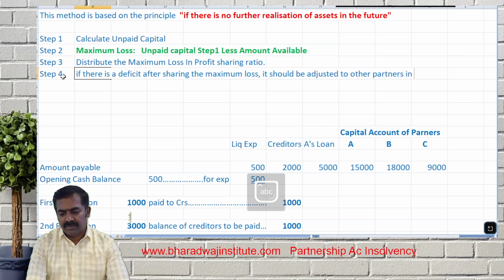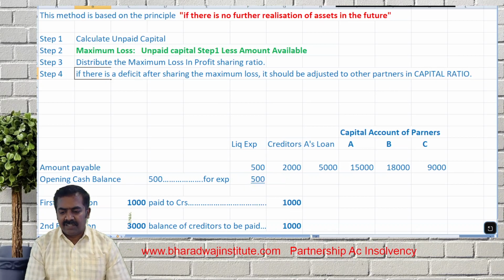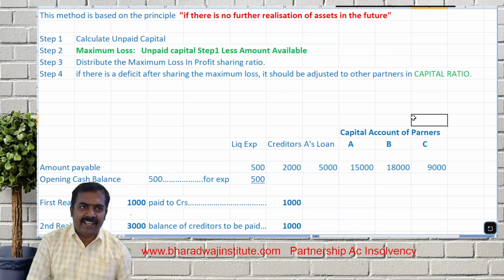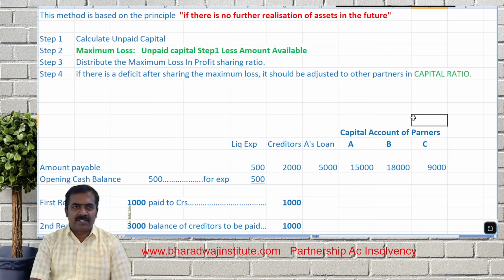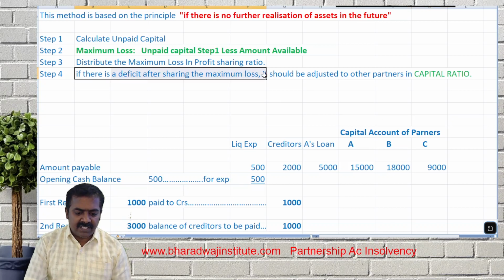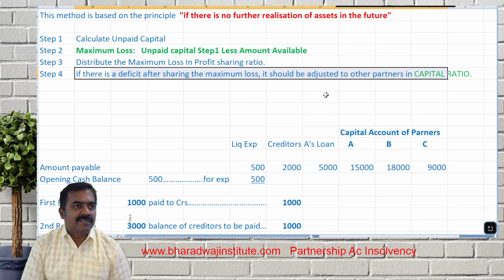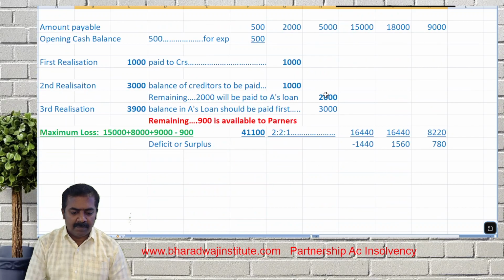In which ratio? Capital ratio, as per the Garner versus Murray rule. If it is a fixed capital, use the fixed capital ratio. If it is a fluctuating capital, use the adjusted capital ratio. Same principle here also. So if there is a deficit after sharing the maximum loss, it should be adjusted to other partners in which ratio? Capital ratio.